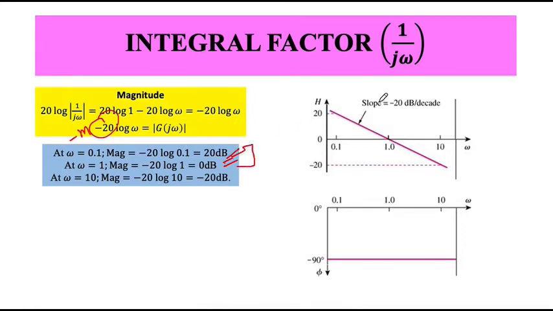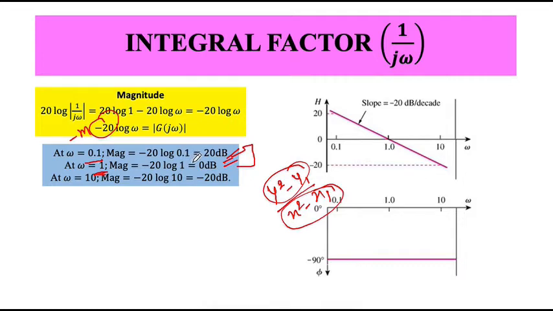This is like 11th standard geometry: y2 minus y1 over x2 minus x1, right? The unit change in y over the unit change in x. So what is the unit change? The unit change is from 0.1 to 1, one decade. And on the y-axis I am interested in measuring in decibels.